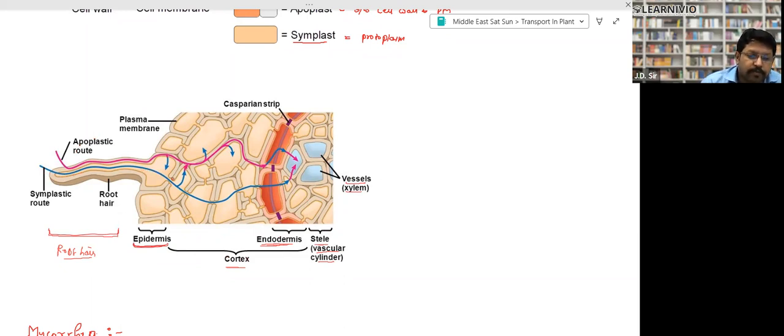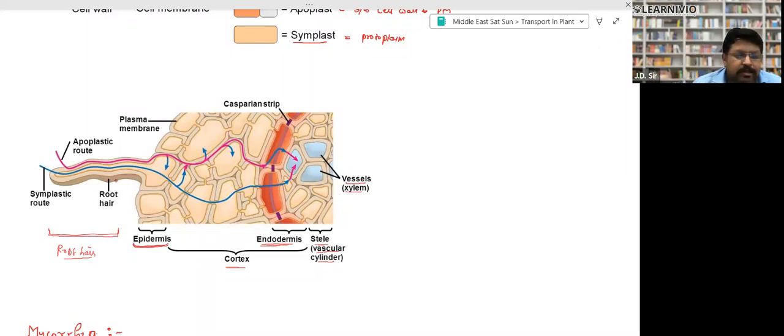From this vacuole, with the help of plasmodesmata, it enters into the cortex. In the cortex, from one cell to another cell to another cell. Then from the cortex, it enters into endodermis. From endodermis, it enters into the xylem, right, at the final destination.